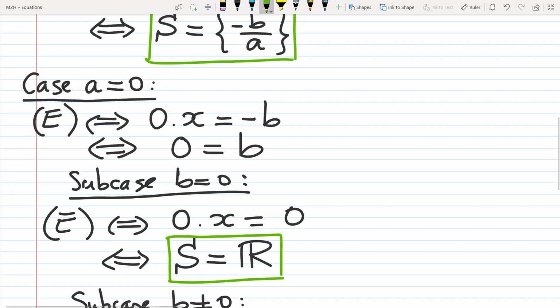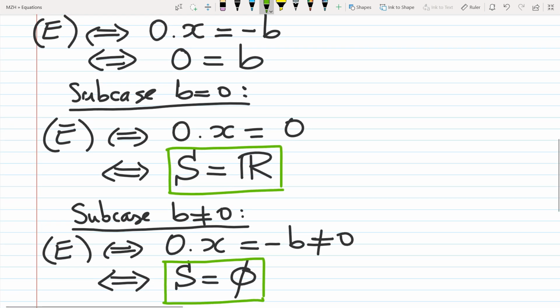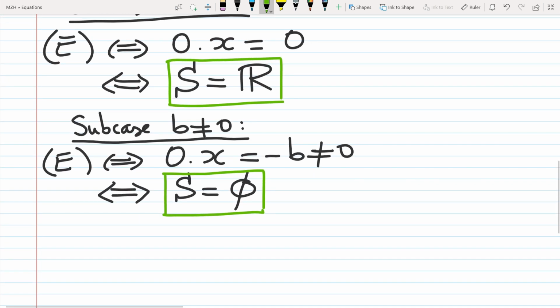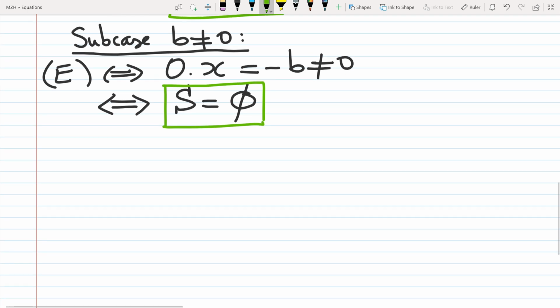But when we get into the case of a equal to 0, then we have to see what b is. If b is 0, then all numbers are solutions, and if b is different from 0, then there is no solution to the equation.